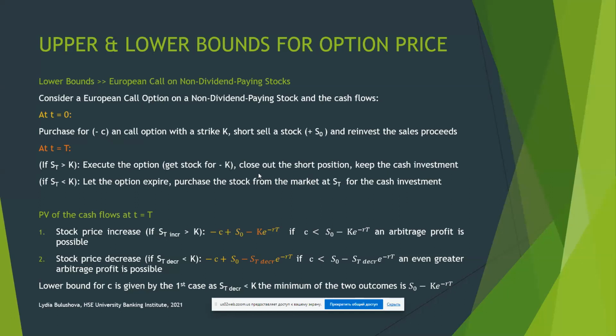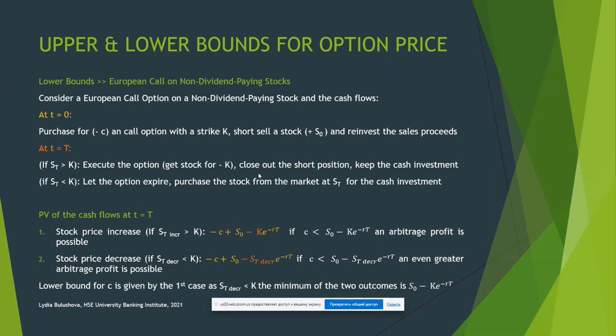I'm trying to build a portfolio that has similar payments on the right hand side and on the left hand side to write equality and to write a price. That's why I use this buy, short sell, and so on.